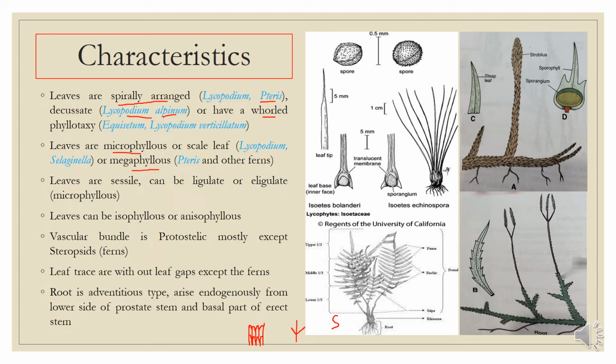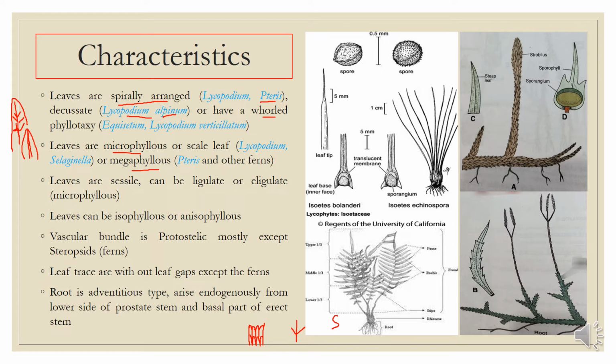the megaphyllous. The microphyllous leaves are those where the lamina has only one midvein, and the megaphyllous leaves are much larger in size, and the leaf vein has many ramifications.